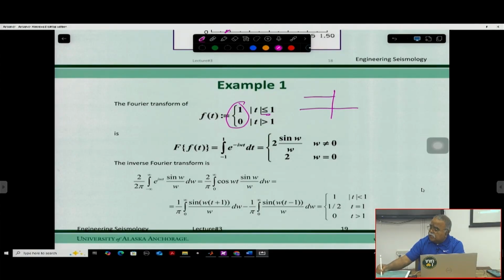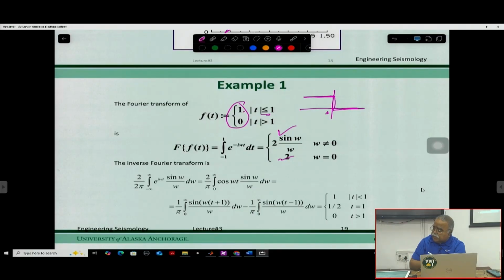At t less than or equal to 1 it is the unit function, and after t greater than 1, it all becomes 0.